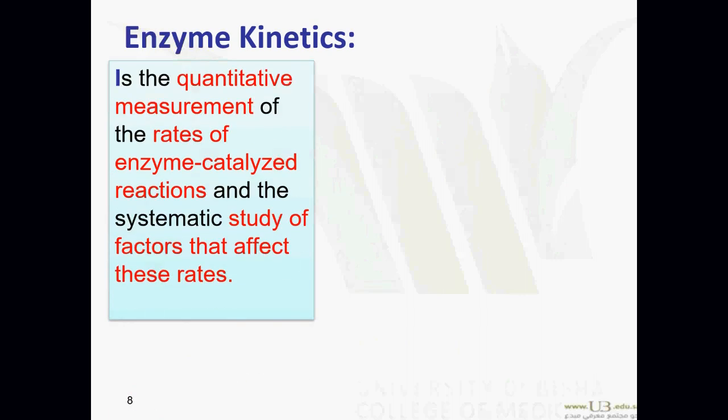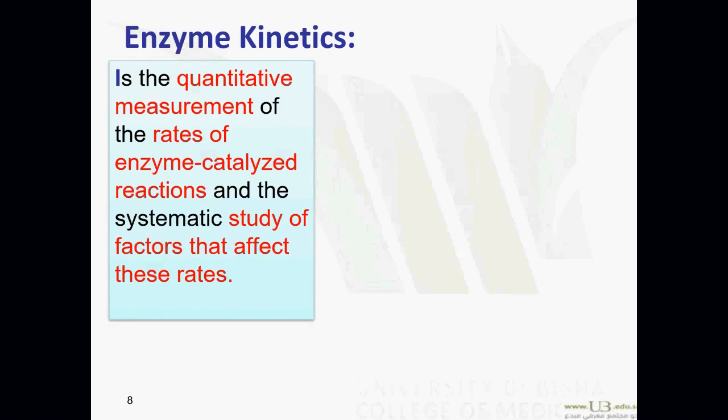So enzyme kinetics is the quantitative measurement of the rate of enzyme-catalyzed reactions and the systematic study of the factors that affect this rate. As we mentioned in the introduction, enzymes can accelerate a reaction by a factor of up to 10 to the power 6, that means by millions.